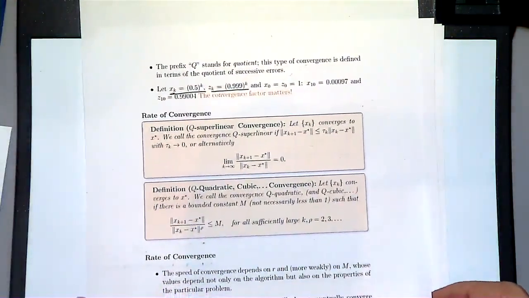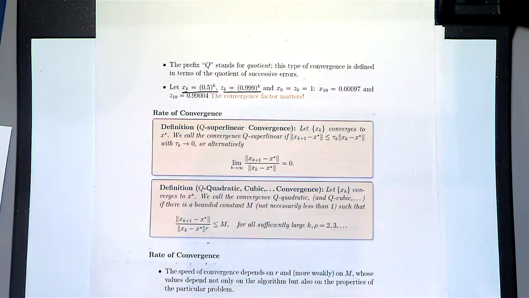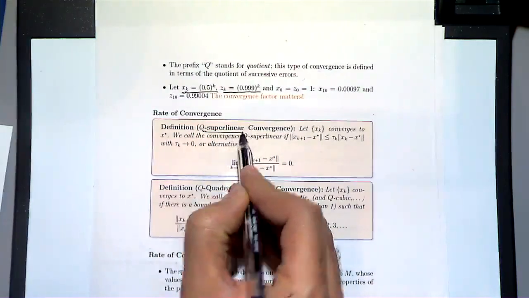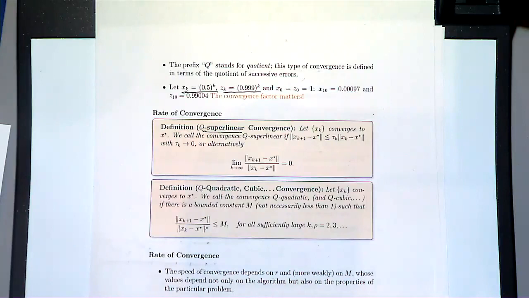Now we can have faster rates of convergence, which imaginatively we call superlinear convergence. Again, we start with a converging sequence, and we say it is superlinearly converging if that ratio in the end goes to 0. So it's faster than linear, it's superlinear. In the family of superlinearly converging sequences, we can have different versions of it.